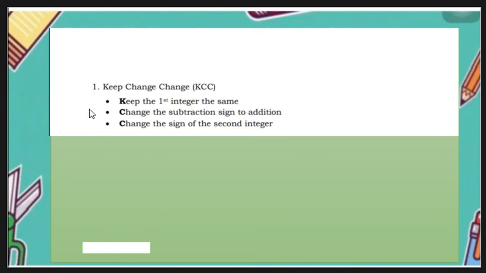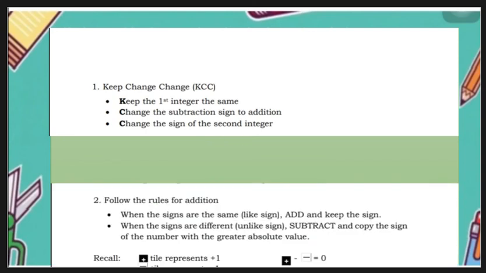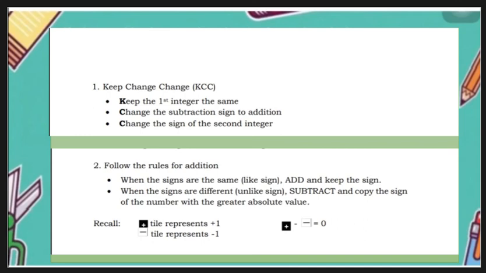For example, for number 1, we should follow this KCC. Keep, change, change. Keep the first integer the same. Next, change the subtraction sign to addition. Change the sign of the second integer. Next, let's remember to follow the rules for addition.